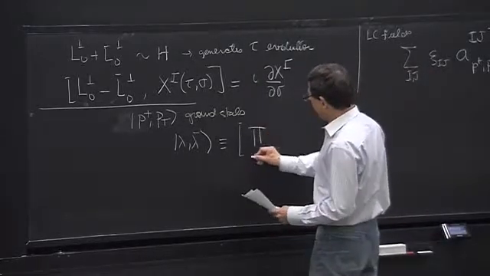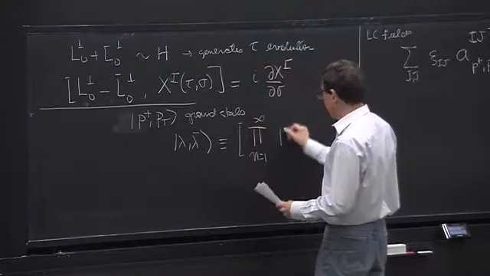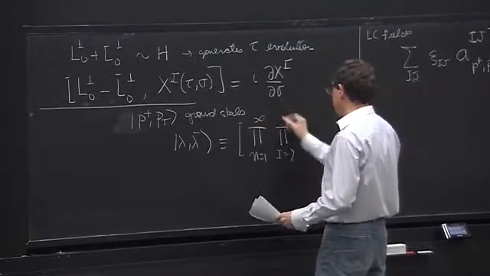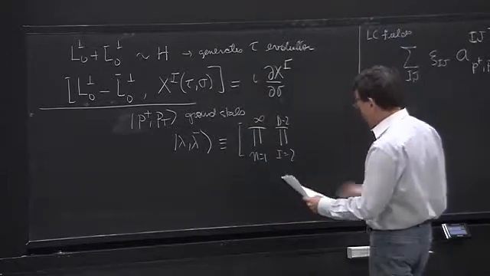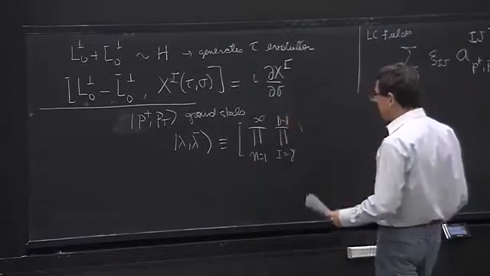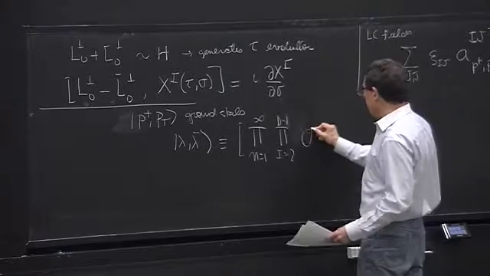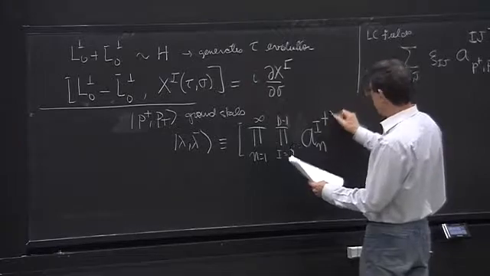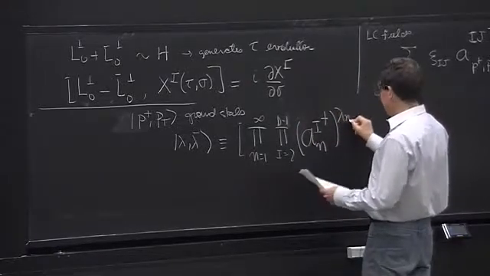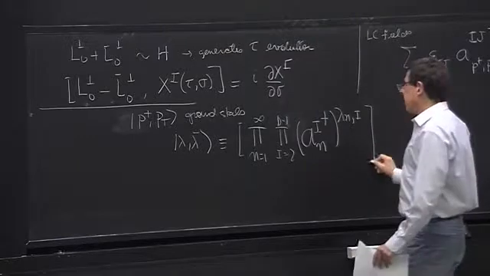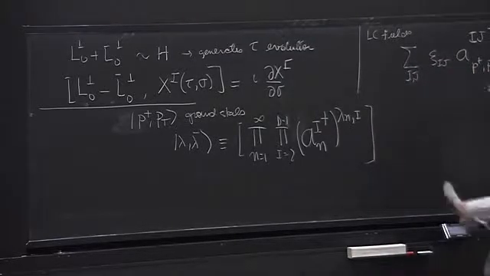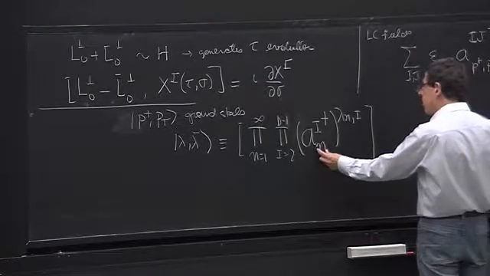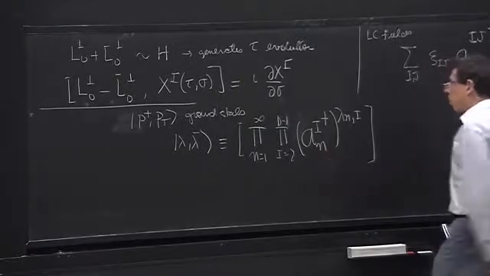So we'll put a_n's from n equals 1 to infinity, for i from 2 to d minus 1, d being the space-time dimension, and you put a_n^i daggers to the lambda_n^i. These are creation and annihilation operators normalized to 1. Nevertheless, they contribute to the number operator n, not 1, n.